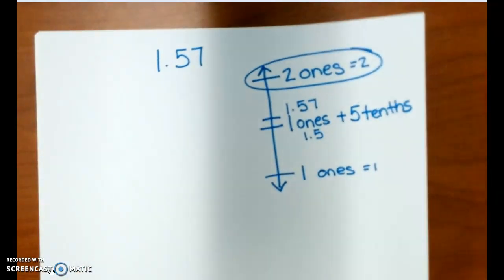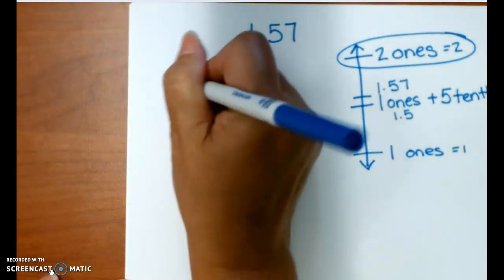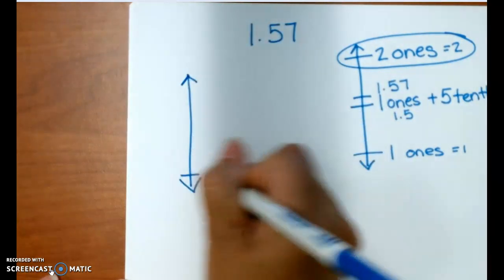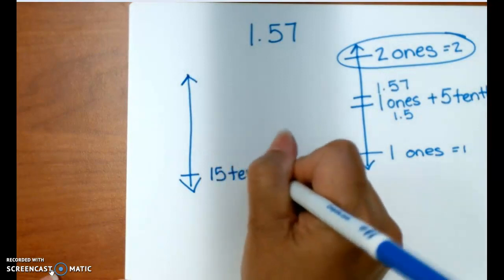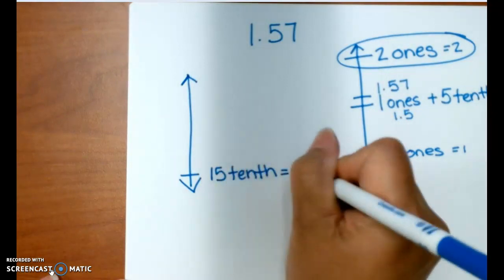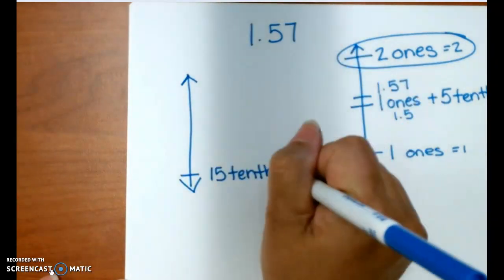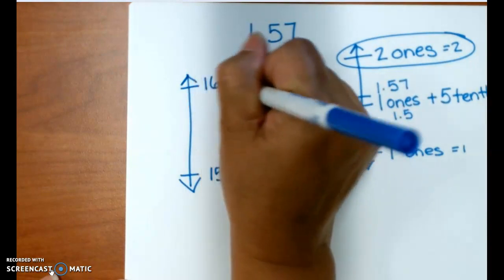Now, if I want to round this same number to the nearest tenth, I have 15 tenths, and the next one would be 16 tenths.